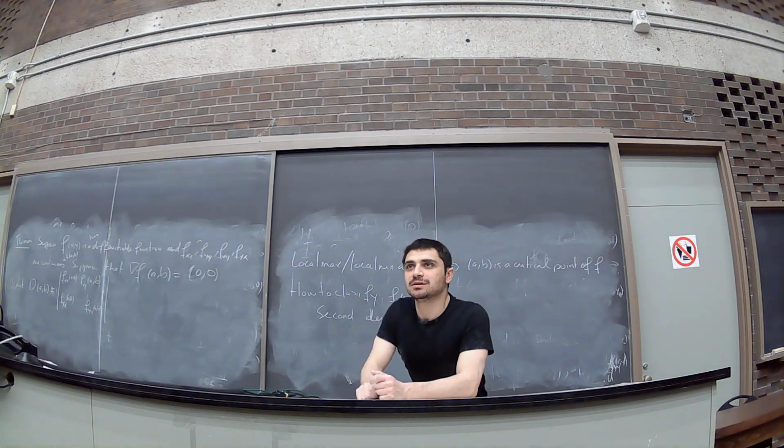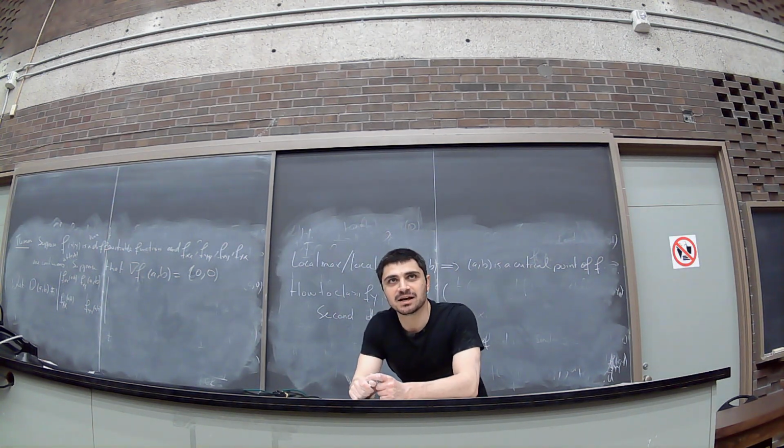We call it the Hessian. We don't need to know the name, don't worry about it. But this plays the role of the second derivative in 2D. When you say the second derivative of f, you mean all possible second derivatives: x twice, y twice, xy, and then yx.